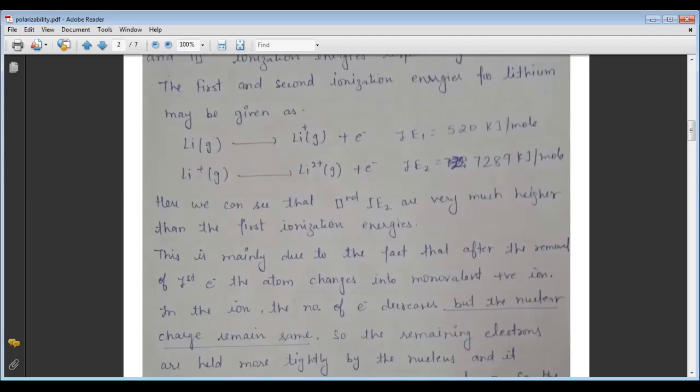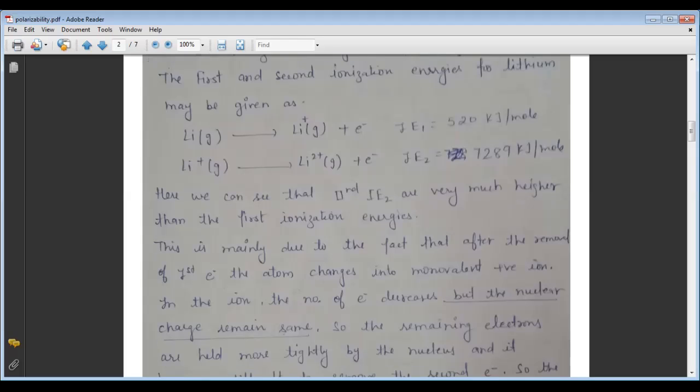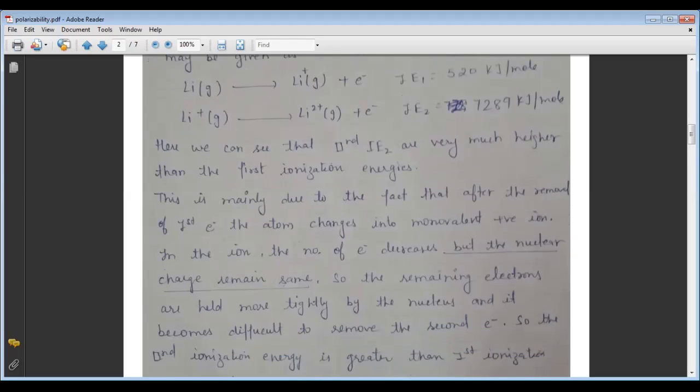Now Li positive goes to Li 2 positive, so the second electron is lost, and the ionization energy for the second electron is 7289 kilojoule per mole. Here we can see that the second ionization energy is much more than the first ionization energy.